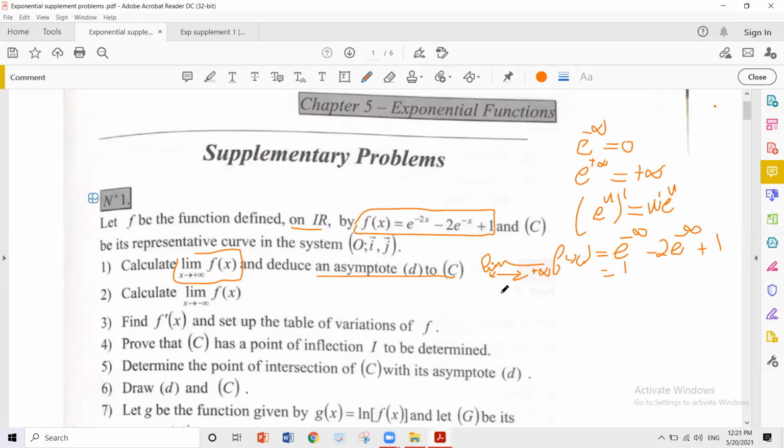Deduce an asymptote D to C. What is the asymptote here? What is the type of the asymptote? Come on.